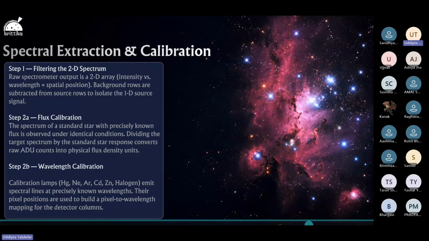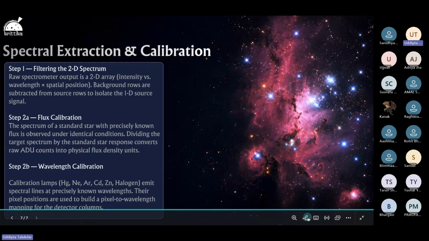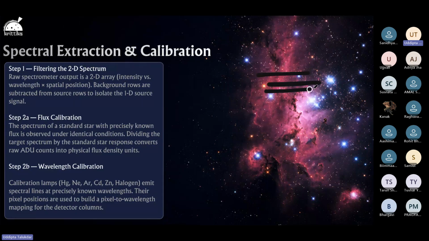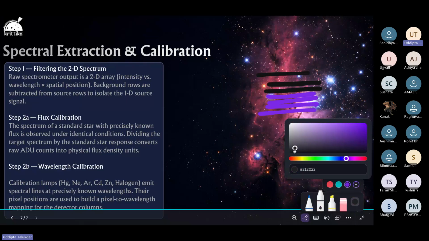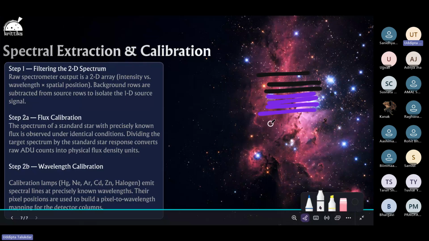So how it is like is, for example, this is the sky background which comes from the light from above the star that we have, and then we have the spectrum that we observe, and then again the sky background from the light which comes from below the star.